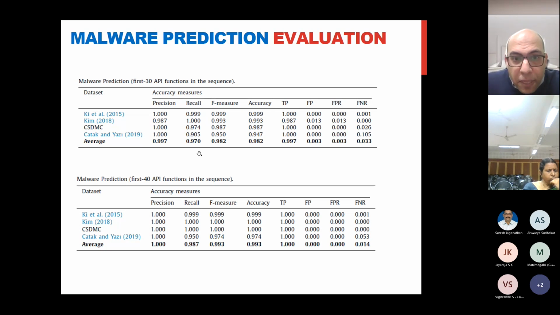Which means that instead of awaiting the whole crisis to take place, we can predict from some snapshots of this sequence that this process is malicious, so we can stop it from the initial moments.